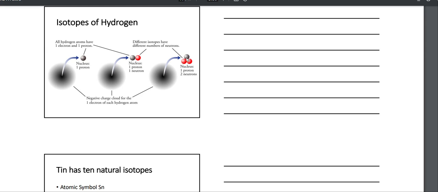The proton number remains the same. Since the protons are still the same, it's still considered a hydrogen atom. However, it is considered an isotope of the hydrogen atom, and they call it deuterium. A negative charge cloud still surrounds 1 electron of each hydrogen atom. That never changed. It's just the number of neutrons.